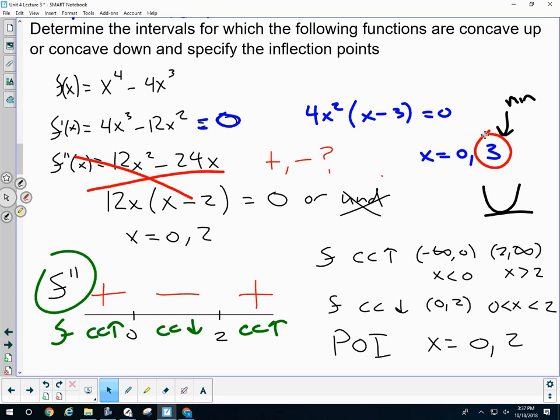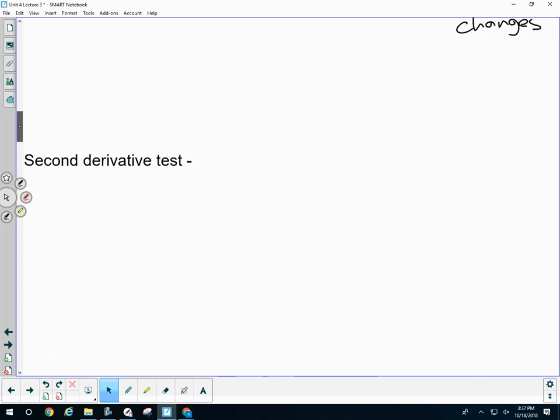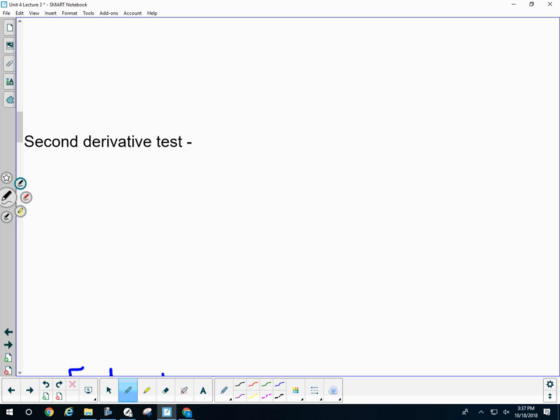Well, it could be anything, okay? In this situation, we would not change signs of my first derivative at 0. This would be a location of neither a max nor a min, okay? But when we look at our second situation, I'll show you how it's going to be a min.